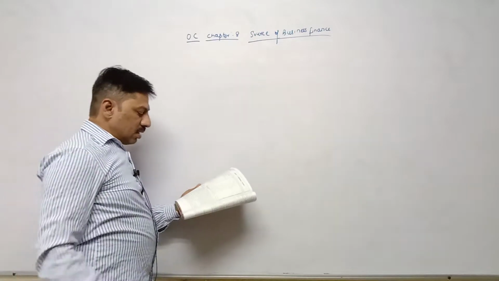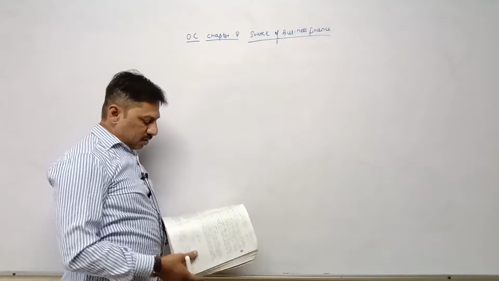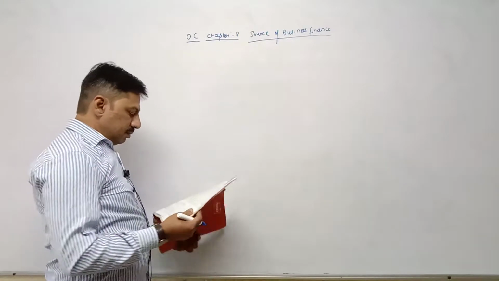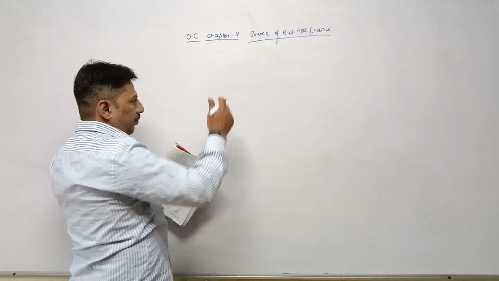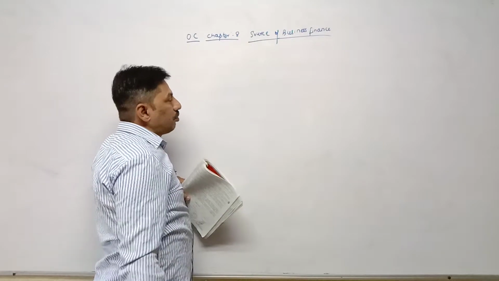In the previous lecture we have completed the meaning of business finance and its importance. Now today we are going to start the source of business finance, the actual meaning of this chapter.